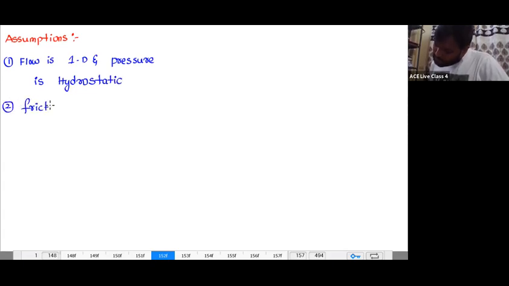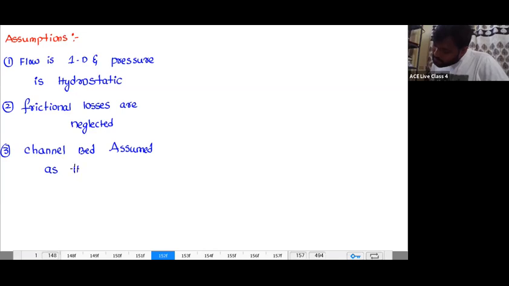Frictional losses are neglected. Channel bed is assumed as horizontal.